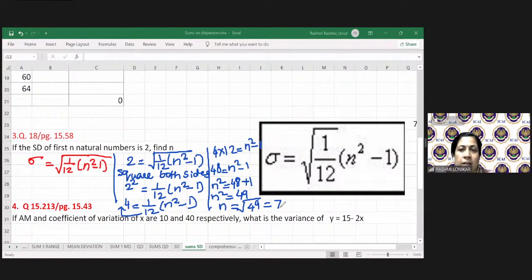So you saw that there are such questions which you can do in 30 seconds. You only have to know the formula. The standard deviation of the first n natural numbers, sigma, is equal to square root of 1 upon 12 n square minus 1. If I know this formula, I can get the answer in a few seconds. Okay, understood everybody? Now let me take the next question.